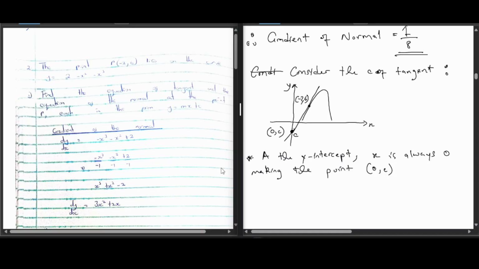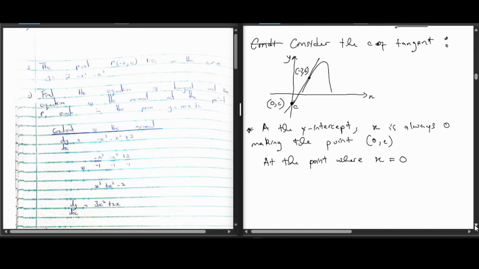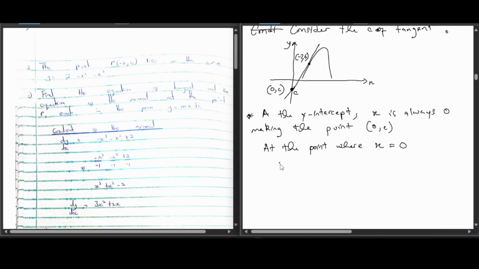So using this, remember that at the point where x is equal to 0, what is going to be the value of C? We were told here that we have y is equal to mx plus c, which is the generalized form of the equation of the tangent.